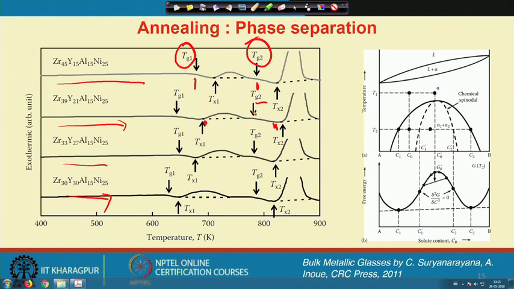So, another question comes to the mind: how have these kinds of glasses appeared in the liquid? One can think about the classical way of understanding a phase separation in a solid.